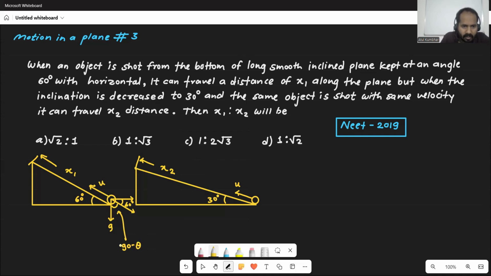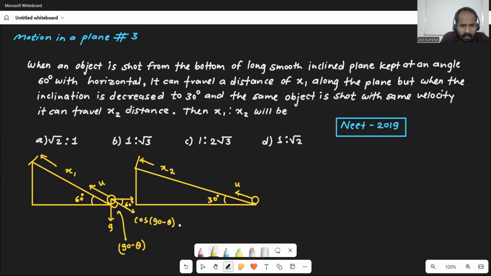So we'll use the formula of 90 minus theta. The component will be g cos of 90 minus theta, and cos 90 minus theta is sine theta.